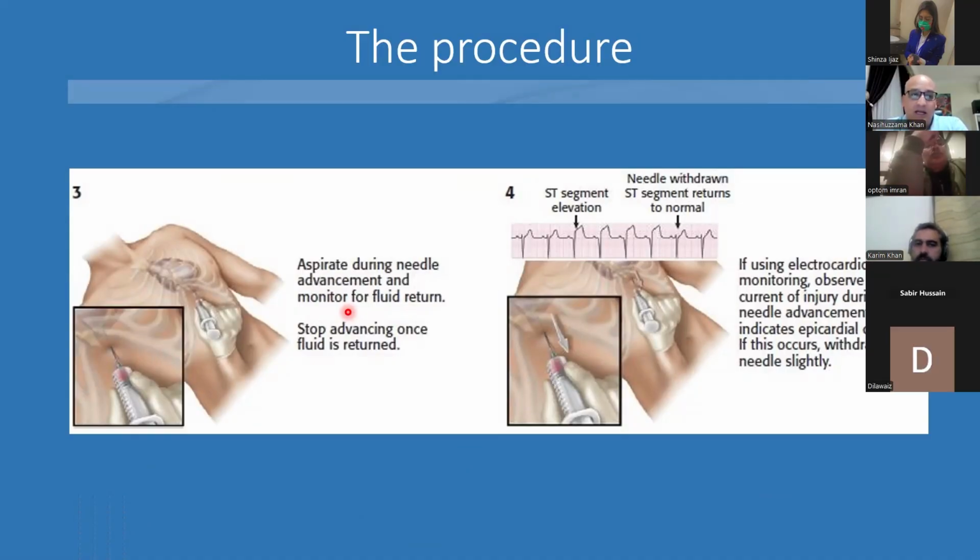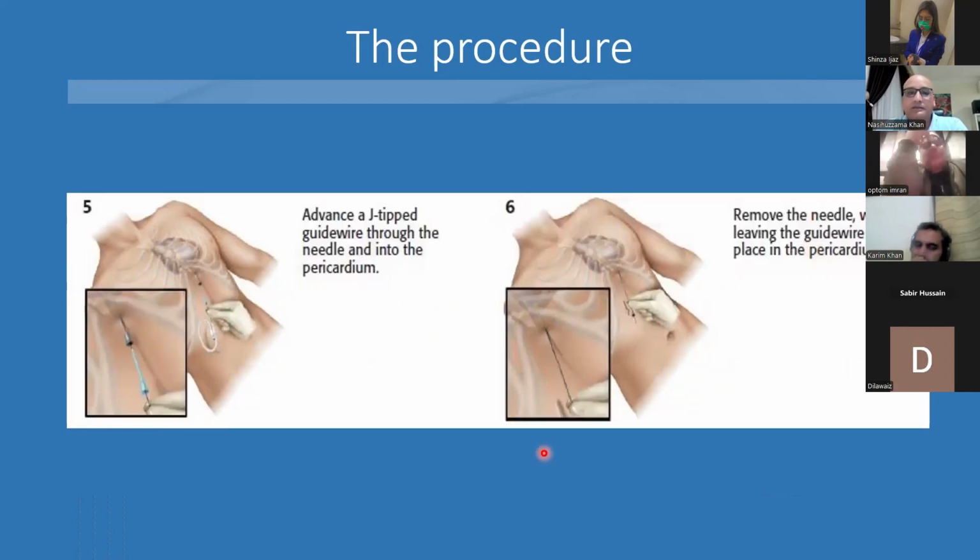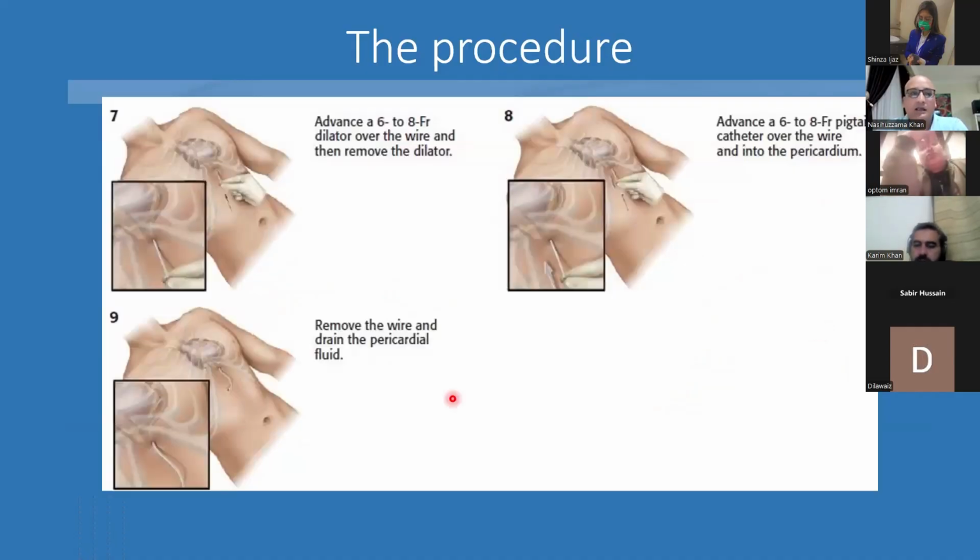So if you are in the sac, you get the aspiration. Once you get the aspiration, insert the wire, and always keep an eye on the ECG monitoring. In picture number 5, we can see a guide wire is inserted. Once the guide wire is in, remove the needle, and you can use a sheath or dilator.